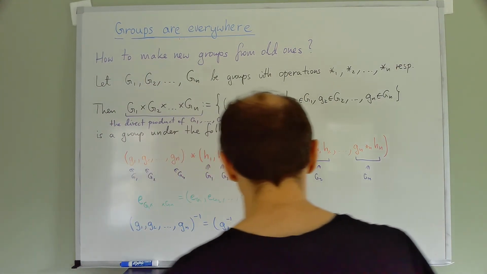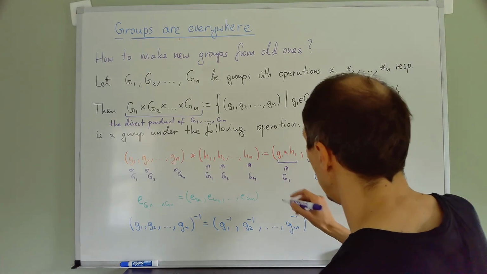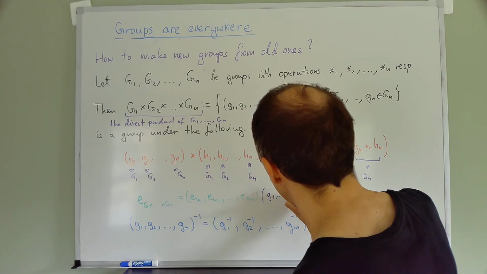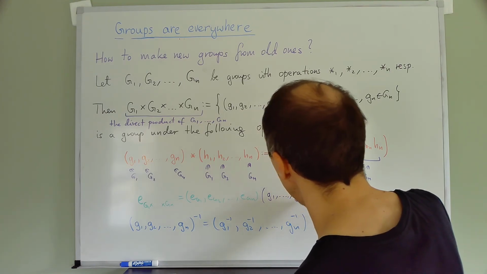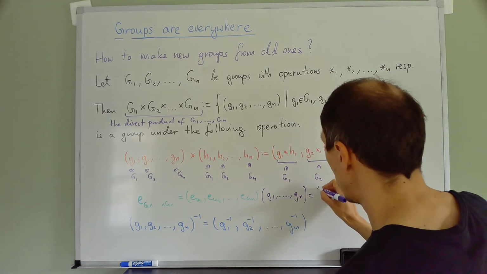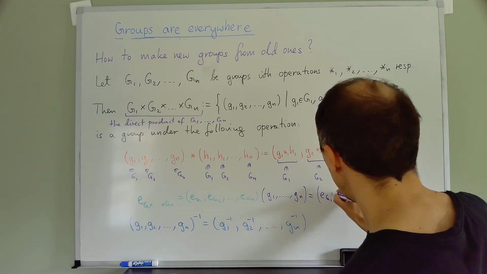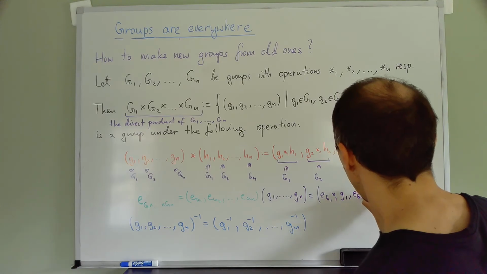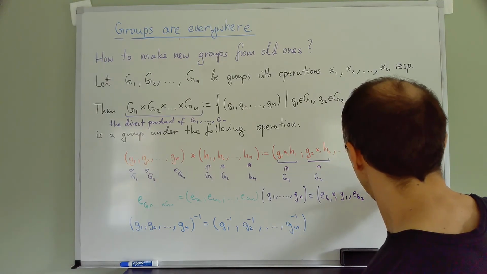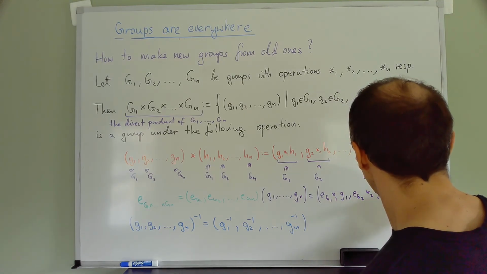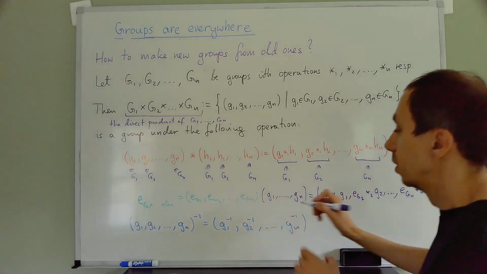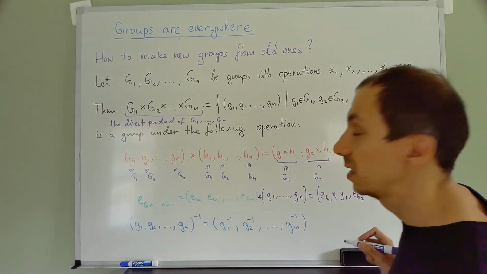Because if I now take any element g1 through gn, then according to this, you write it this way. That's how you star two elements in the direct product.